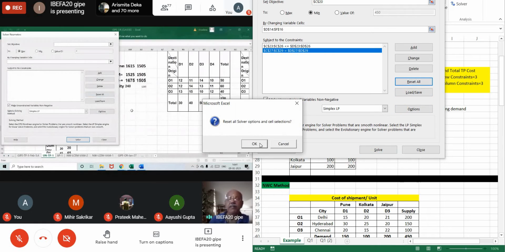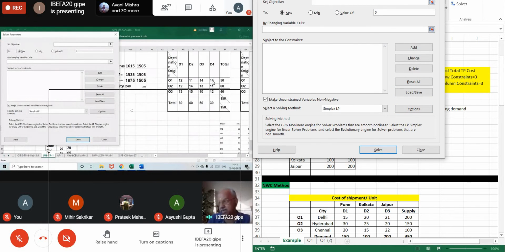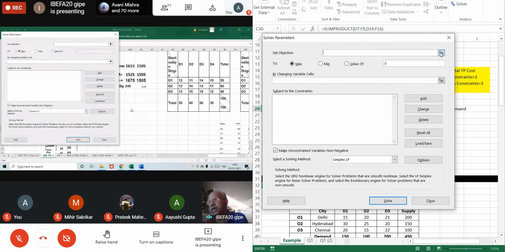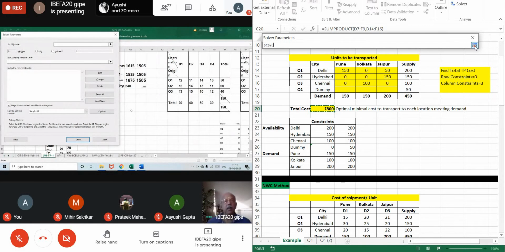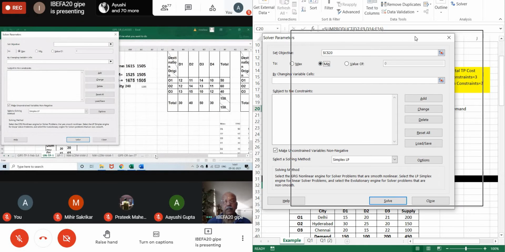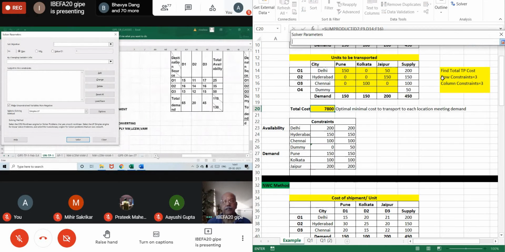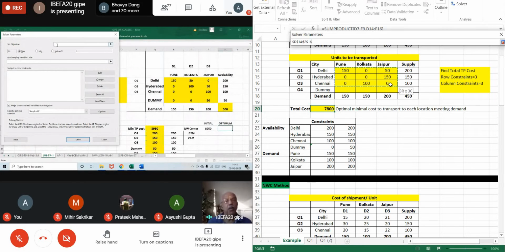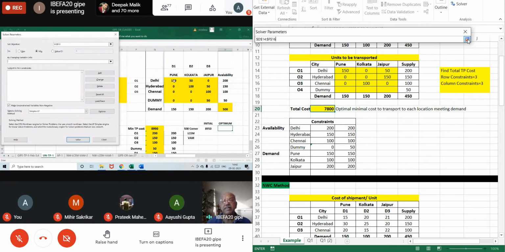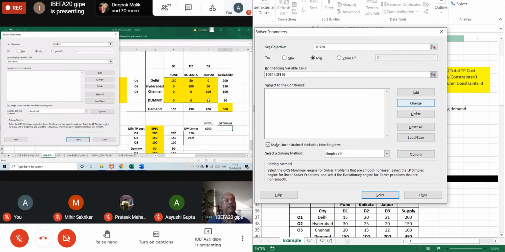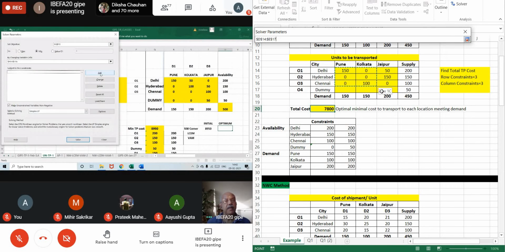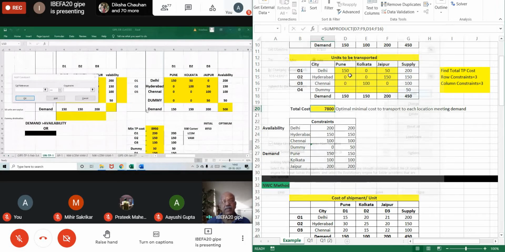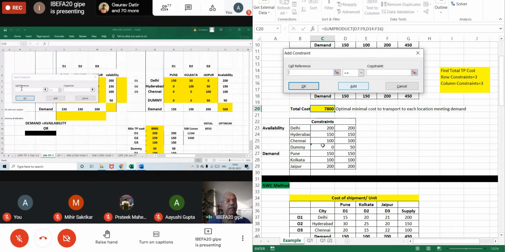Remember, every time you have to reset the solver box. Be careful in exam. So my objective cell will be minimum cost, function is minimum, allocation cells, constraint, all constraints are equal, so there is no problem.